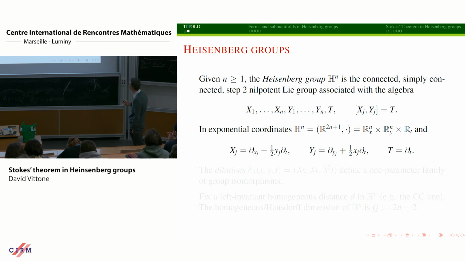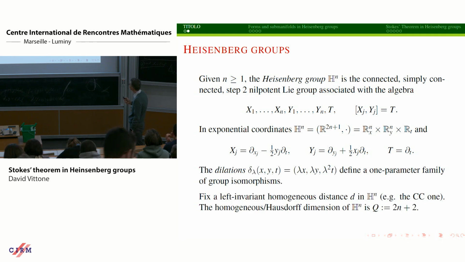We obtain a sub-Riemannian structure by declaring Xj and Yj to generate the horizontal distribution. The Heisenberg group is the easiest example of Carnot groups, which probably all of you know. We have dilations: a one-parameter family of group isomorphisms defined for a positive parameter lambda by this formula.